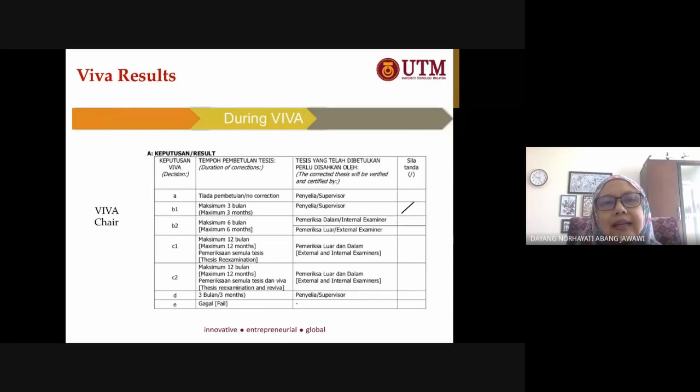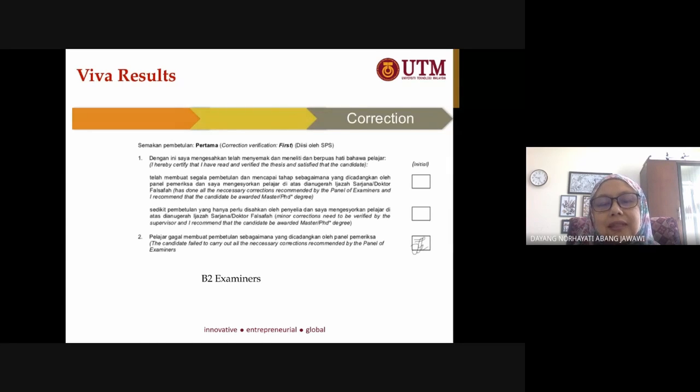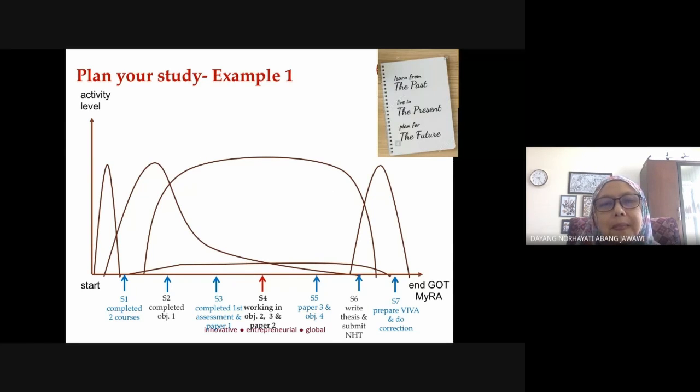And then during the Viva, if there is any conflict, the Viva chair is responsible for coordinating the result with the examiners. After you get your corrections, you need to make sure you fulfill the corrections given by the examiner. Okay, that is the process.